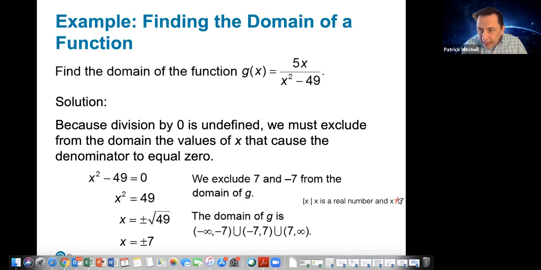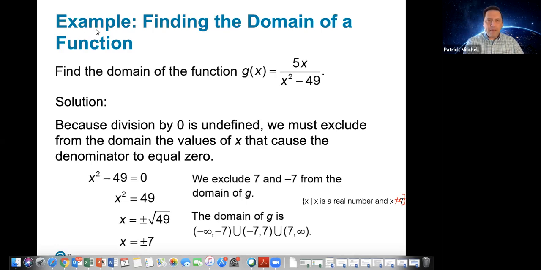So I do not want x to equal 7 or negative 7. It's supposed to say x is a real number and x does not equal plus or minus 7. I think I forgot to put the closing curly bracket on there. Okay, so that's another way to write it.